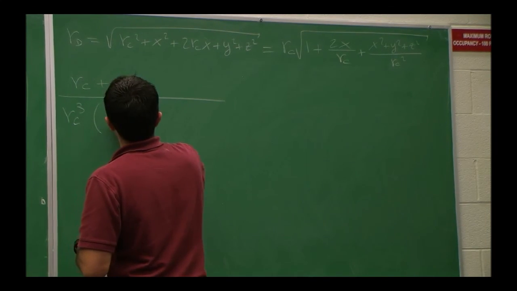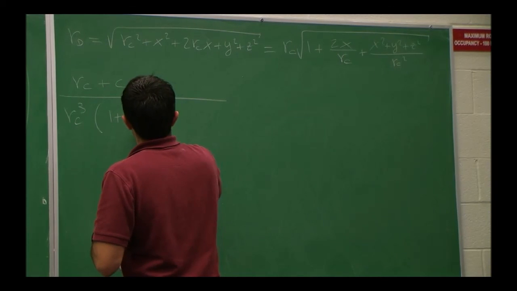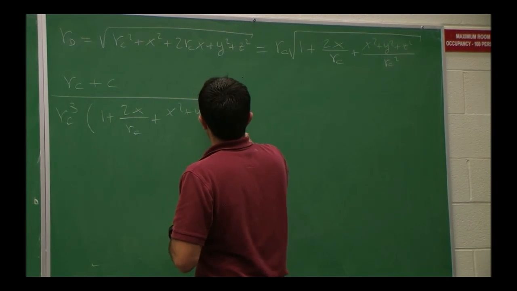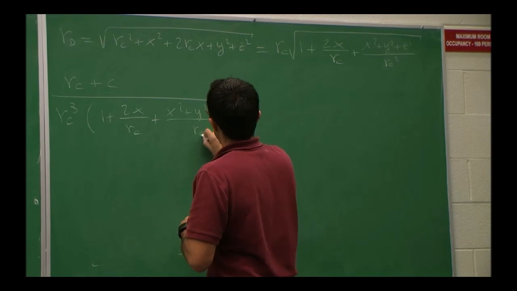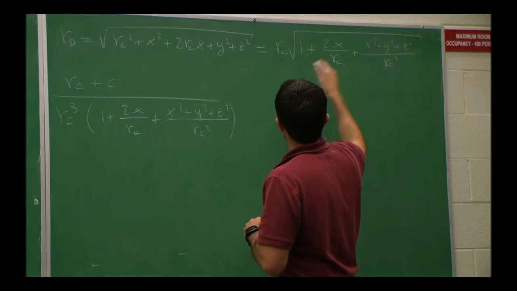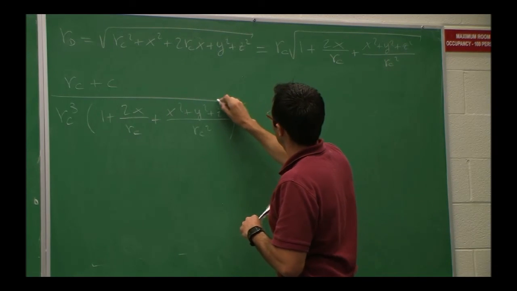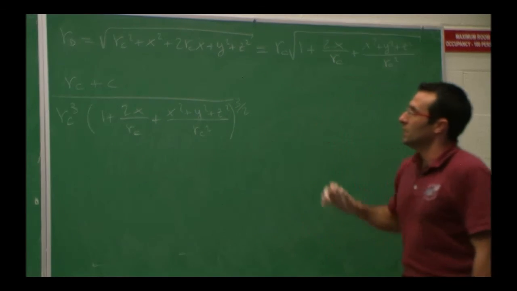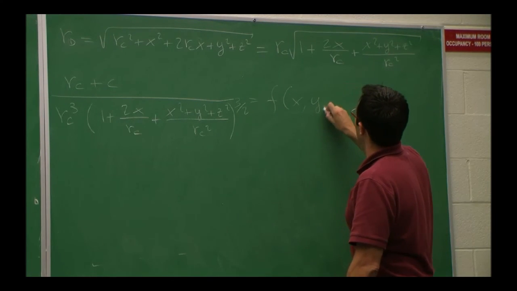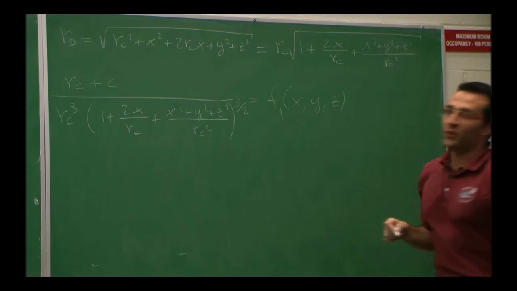And down here I have 1 plus 2x over RC plus x squared plus y squared plus z squared over RC squared, everything cubed. So this is a square root, this is 3 over 2. That's the power that we have down there. This is my f. This is my function of x, y, and z for the first equation.